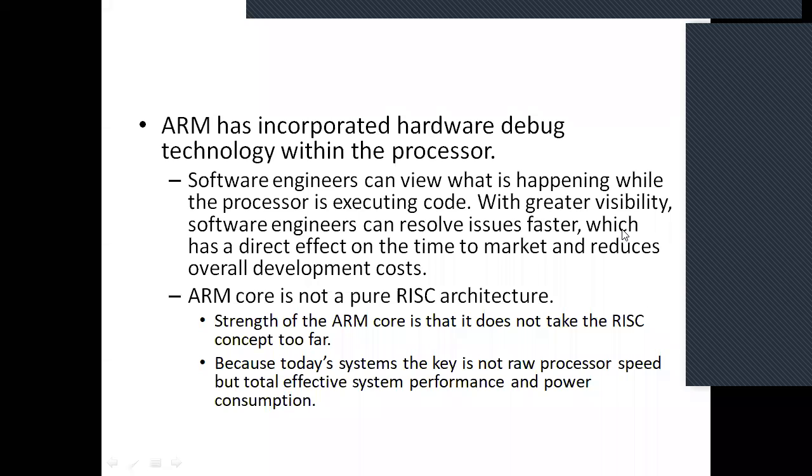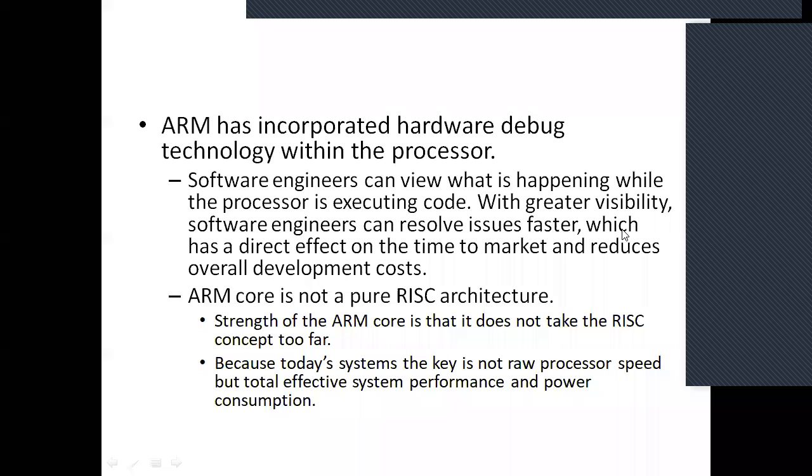Next, the ARM core is not a pure RISC architecture. In order to balance the performance, power consumption, and the demands of modern embedded system requirements, they use the basic RISC concept, but they are not completely using it. They have made some smaller changes to the basic RISC concept so that it provides greater processing ability to your ARM processor.